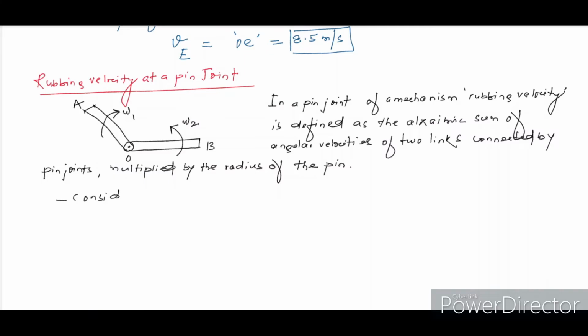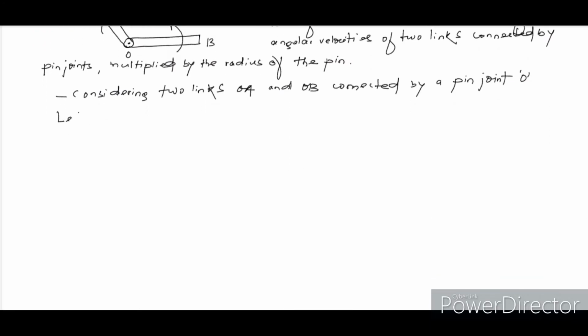Now, as I told you, consider two links here. So considering two links OA and OB connected by a pin joint O, let this omega 1 be the angular velocity of link OA, and omega 2 the angular velocity of link OB, and R is the radius of pin.